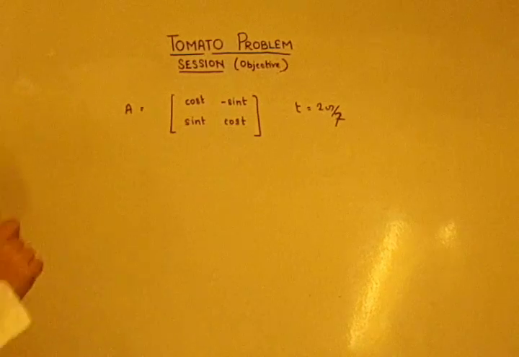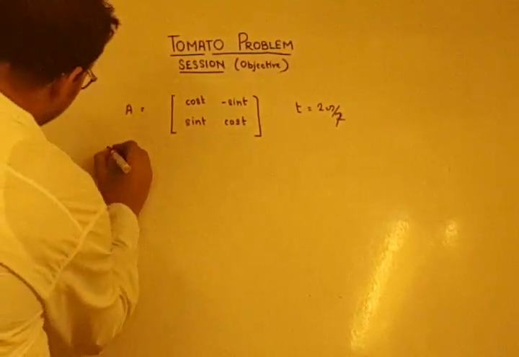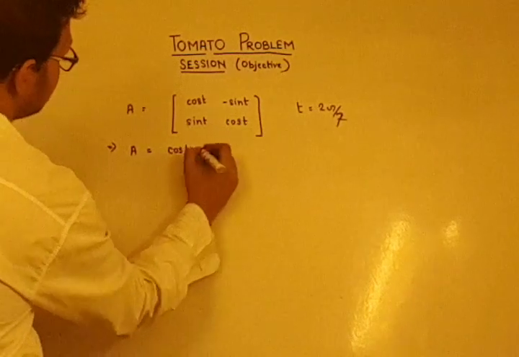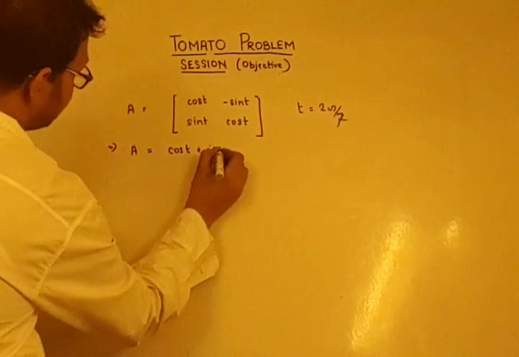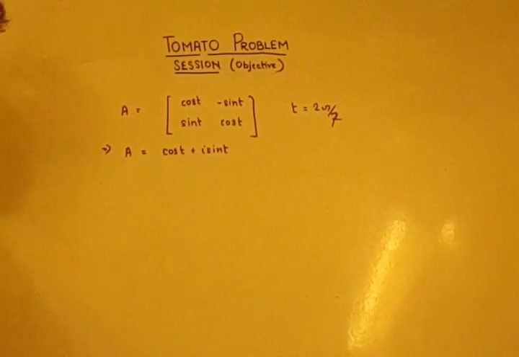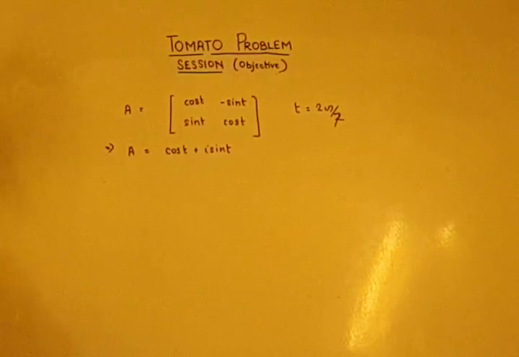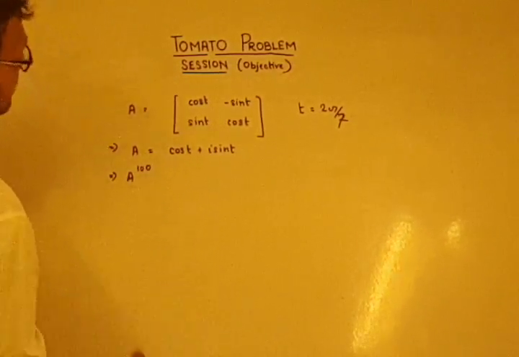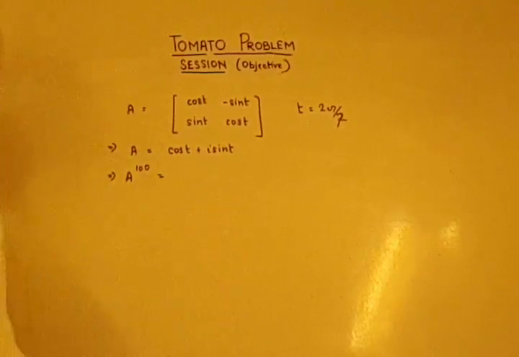Now what is A then? By the definition we have learned, A is nothing but cos t plus i sin t. Isn't it amazing? A is nothing but cos t plus i sin t. And what are we asked to find? A power 100. Now what is A power 100?